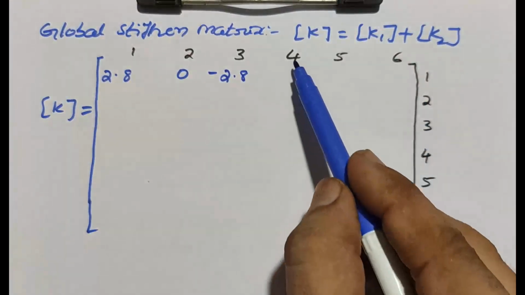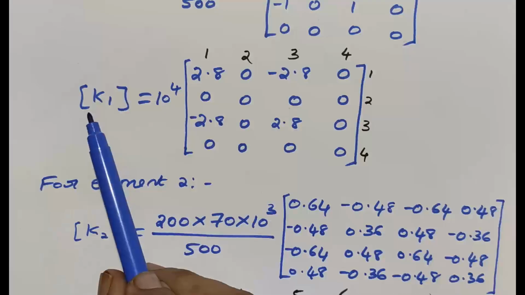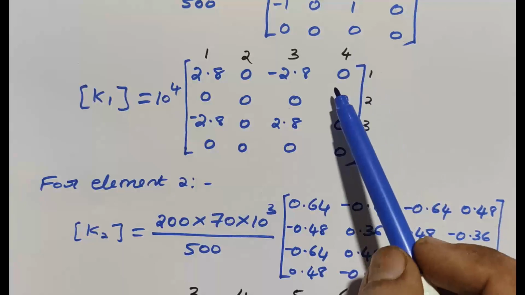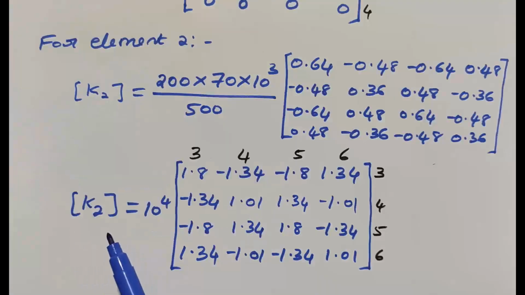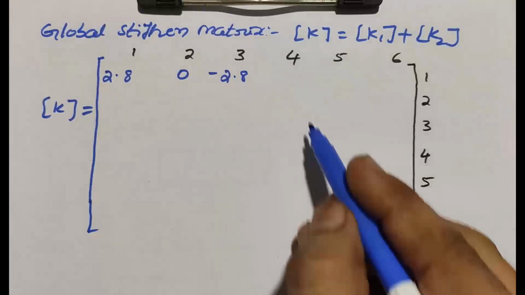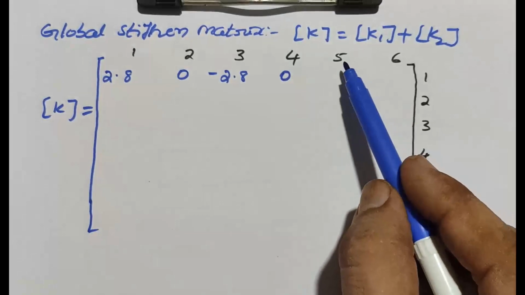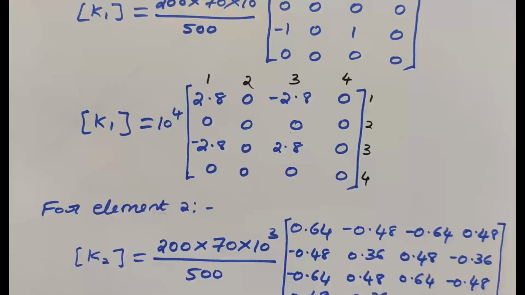Next we need the element corresponding to 4 and 1. In K1, the element corresponding to 4 and 1 is 0. In K2 we don't have any element corresponding to 4 and 1. Therefore the element corresponding to 4 and 1 is 0. Next we need the element corresponding to 5 and 1. See, in K1 we don't have any element corresponding to 5 and 1.